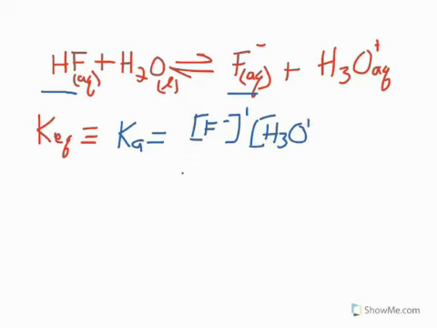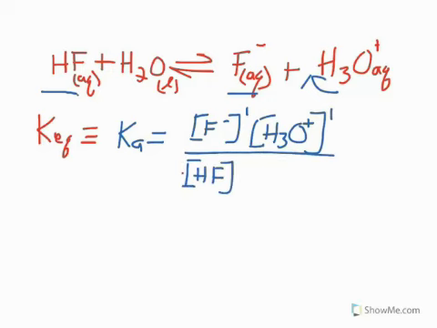H3O plus to its stoichiometric coefficient, which is 1, divided by the concentration of HF, and this is not a pure liquid, it's aqueous, to the first power, times the concentration of H2O, which is considered a pure liquid, that's why we have the liquid in there, to the first power. So the concentration of any pure liquid or solid is 1, so this whole thing goes to 1.